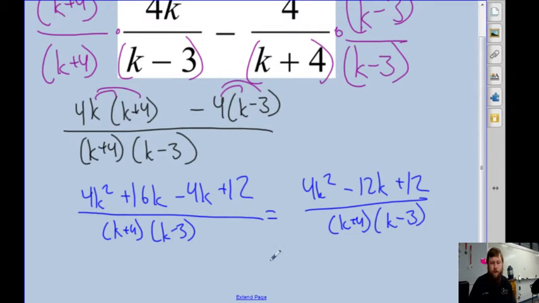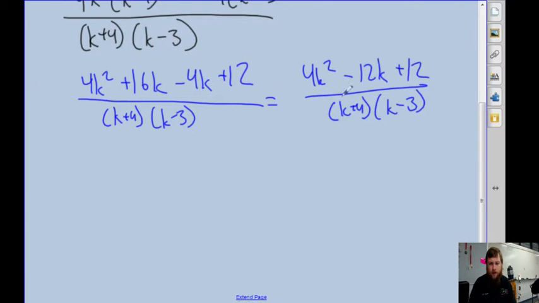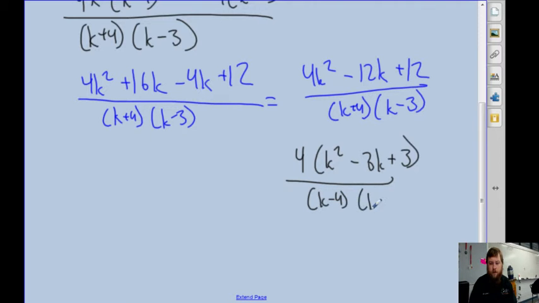I want to factor and try to reduce as much as possible. On the top here, I can factor out a 4, so I'm going to factor this as 4 times k squared plus 3k plus 3, over k plus 4 times k minus 3.